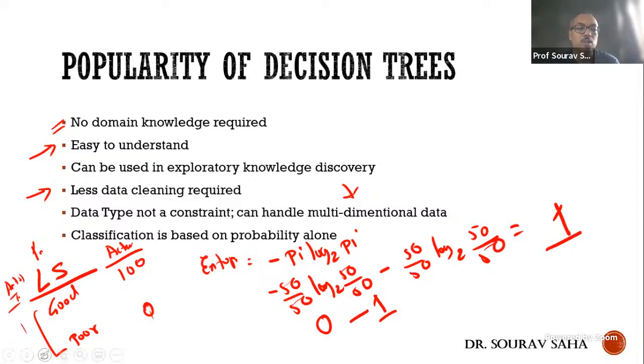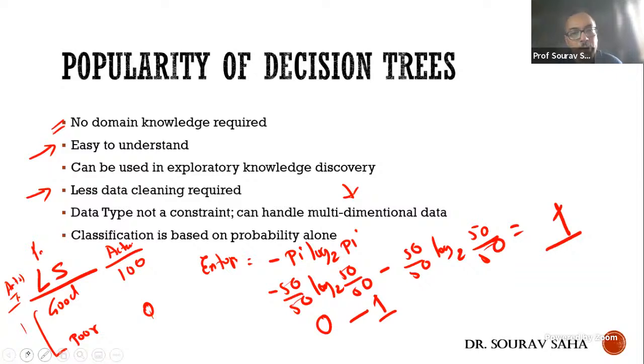But if you are getting a feature where the impurity is 0, it solves the purpose. If you are using just this particular feature, LS attendance, that is completely helping you take the decision whether the student is doing well or not.